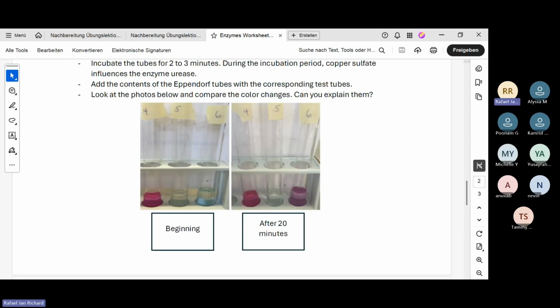Why is there a color change in the first test tube?